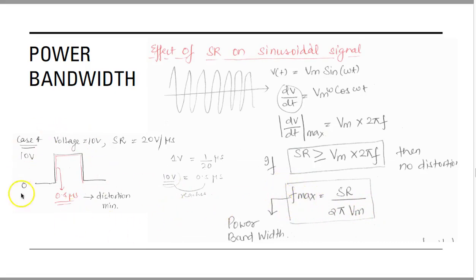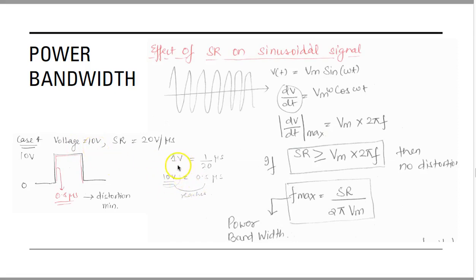Now here, if you see this particular case where the voltage is 10 volts and the slew rate is given as 20 volts per microsecond, then 1 volt will be equal to 1/20 microsecond. So we are going to see what would be the minimum time for this particular 10 volts.